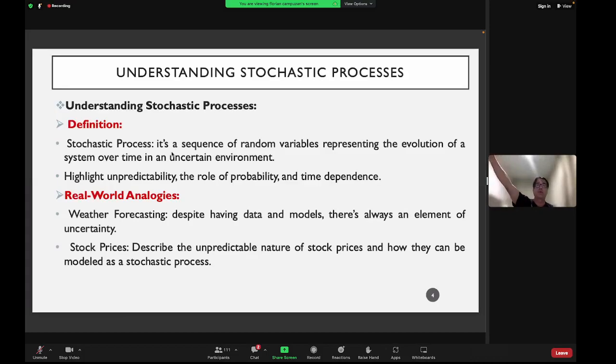If we forecast rain tomorrow and it's sunny, it's no problem. It's a problem if you're wrong one time out of 10. So we don't look for certainty. We look for being correct on average when we forecast the weather tomorrow. It's what we want to do when we forecast a future stock price or option price and so on.